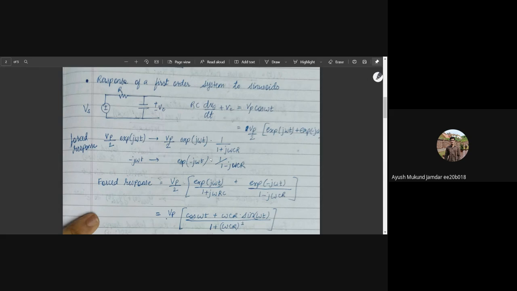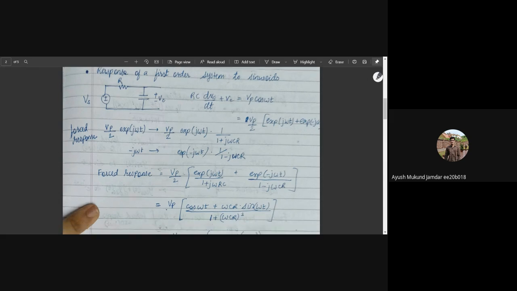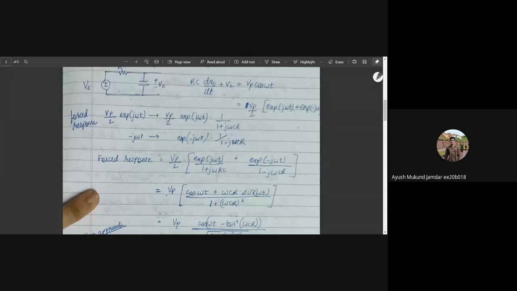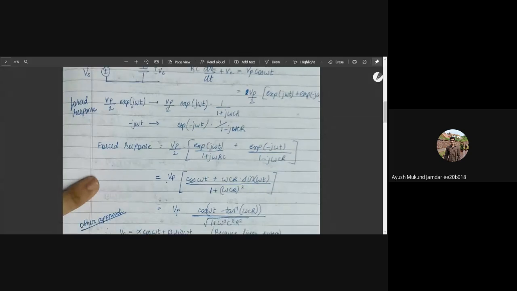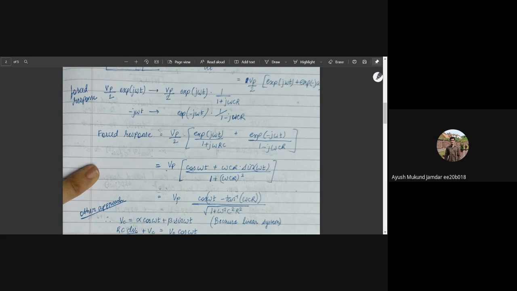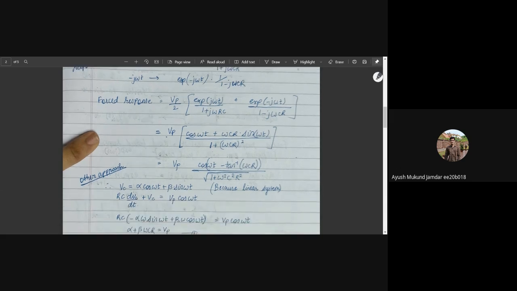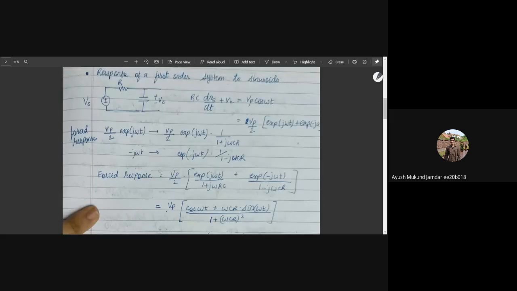So the net forced response will be the sum of these two, because the system we are talking of is linear, and on adding those terms we get Vp times cos omega t plus omega CR sin omega t upon 1 plus omega CR whole square. And on further simplification using trigonometric methods, this can be simplified as given here.